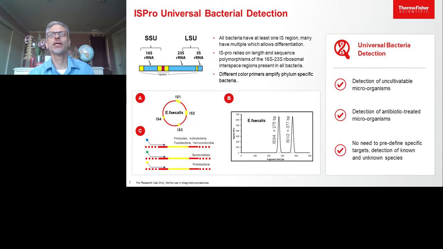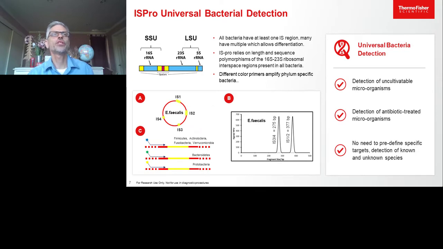All bacteria have at least one interspace region, and many bacteria have multiple regions. IS-pro relies on length and sequence polymorphisms of these interspace regions to provide identification of the bacteria. For example, the bottom of this slide shows these interspace regions for this particular bacterial species, Enterococcus faecalis.